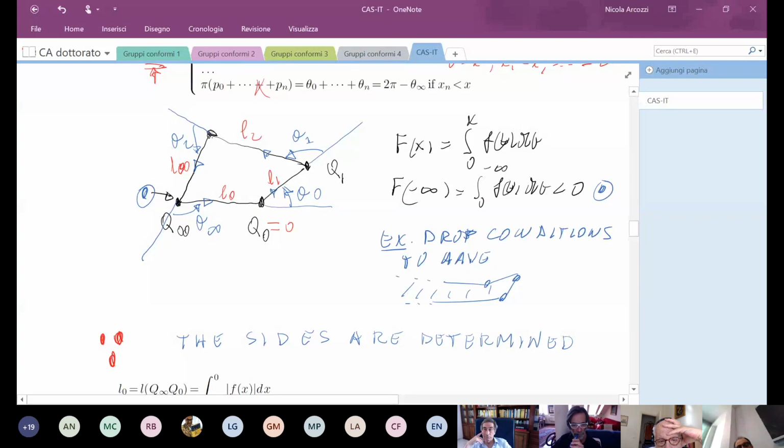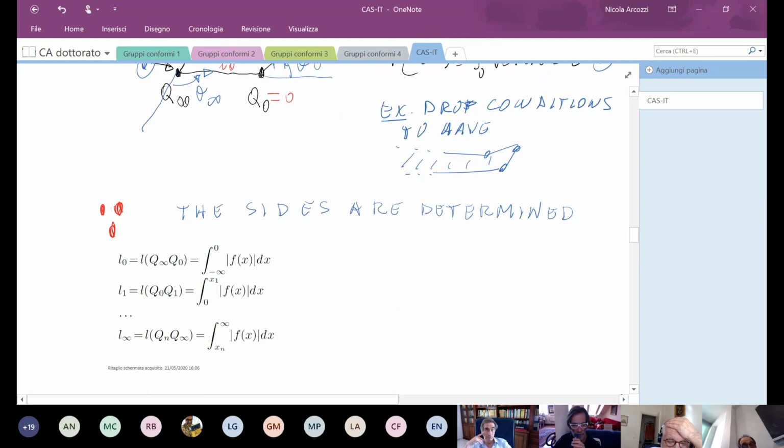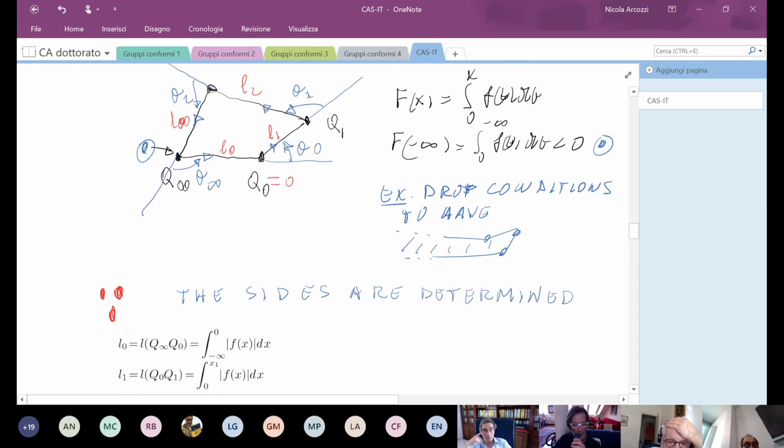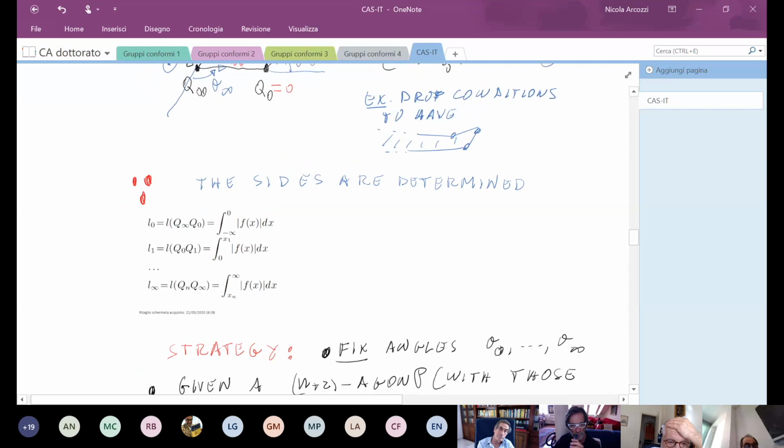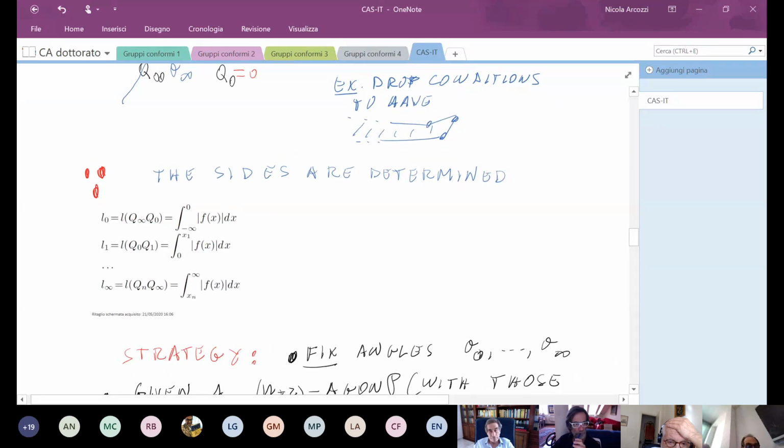If you make some integral diverge, you get that. But all our integrals converge, so we have this picture over here. So these sides, L0, L1, and so on, and infinity, are determined by these formulas. That's the definition of the length of a curve.